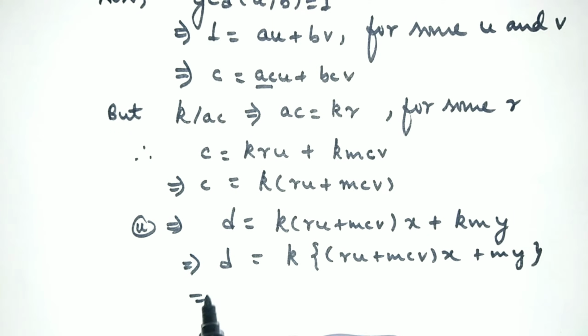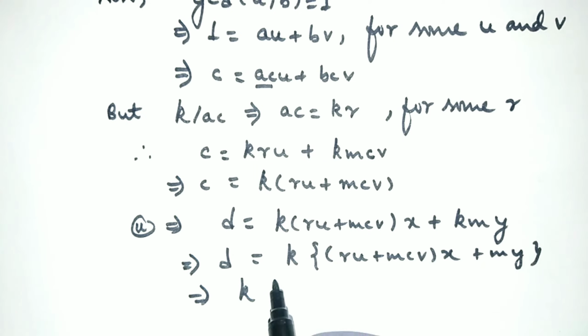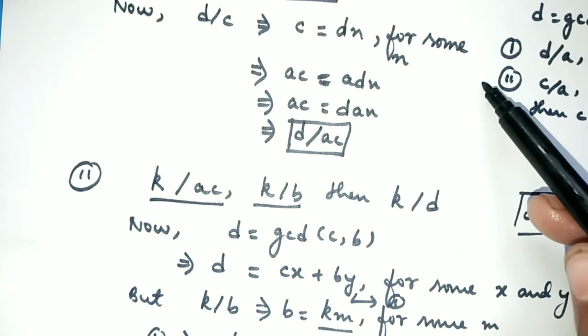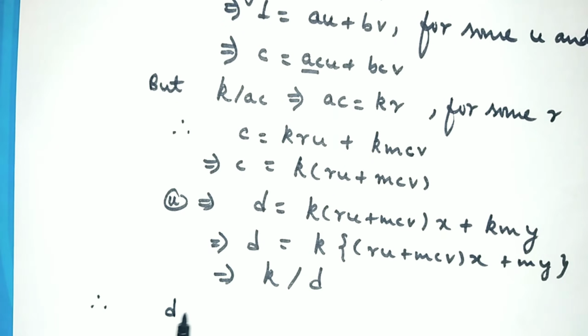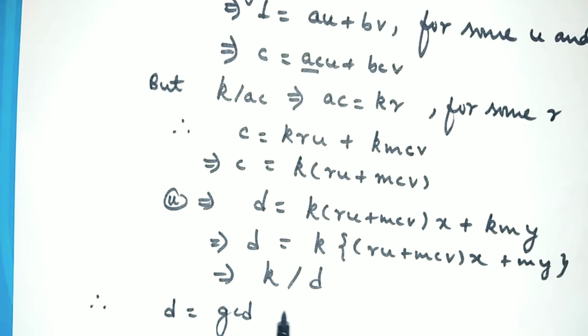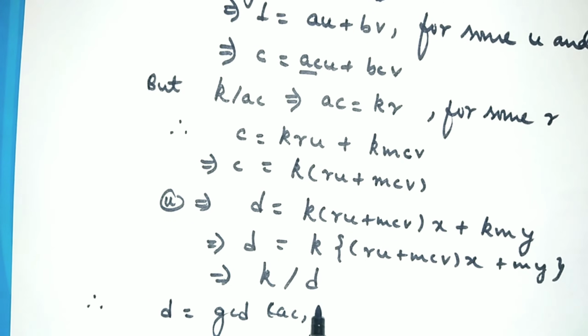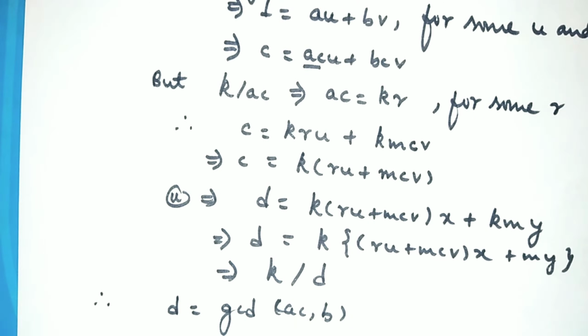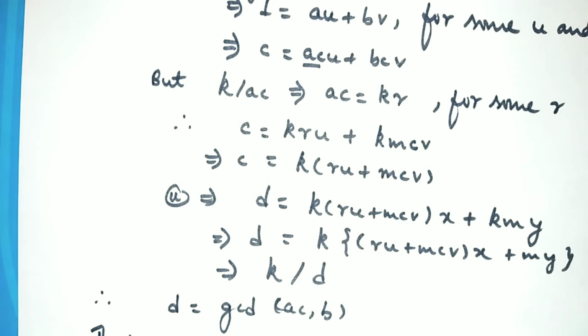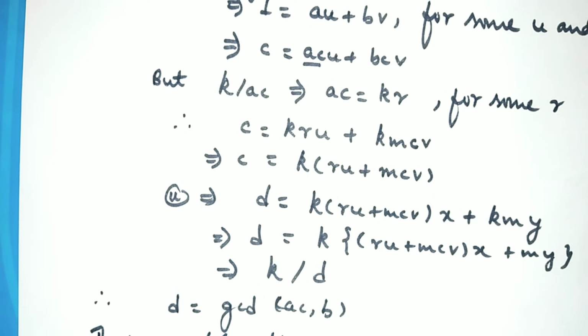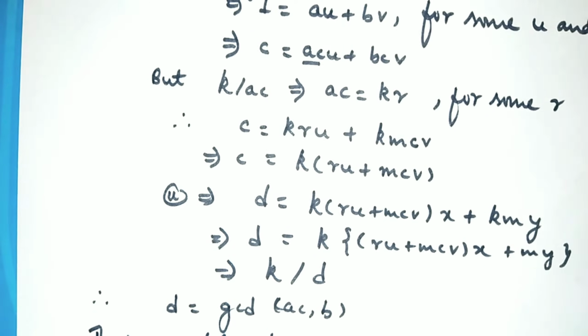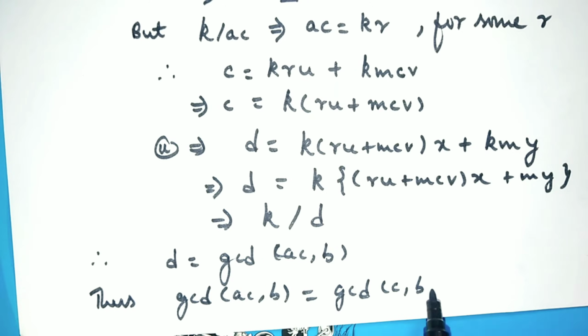Clearly from here we conclude that K divides D. Okay, so the second one is also done. So therefore D is also the GCD of what? AC and B. Thus GCD of AC and B is equal to GCD of C and B.